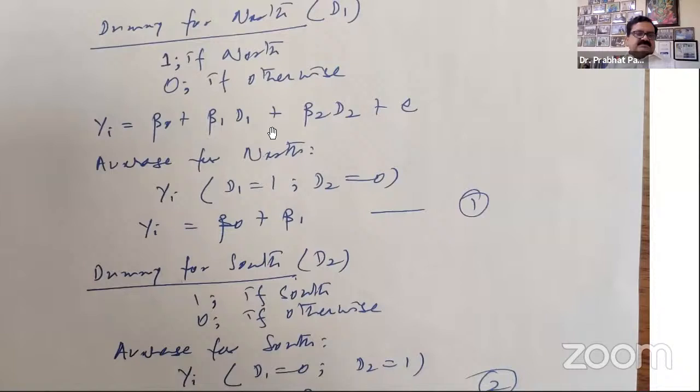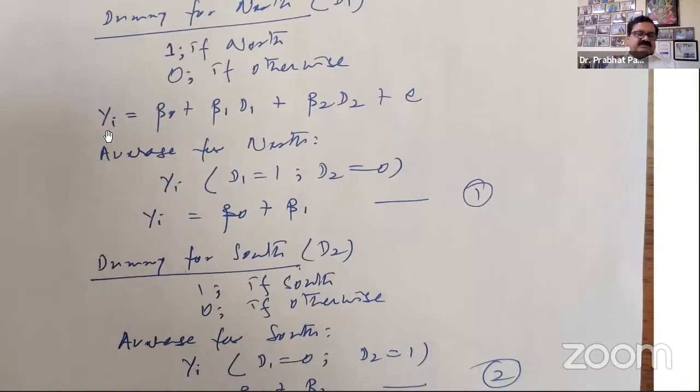And your main equation of the dummy regression is going to be like this: y is equal to beta 0 plus beta 1 dummy 1 plus beta 2 dummy 2 plus e. So this is the main equation. If I try to find out the average for the north by creating this kind of dummy, then the expected value of y for north has to be when dummy 1 is equal to 1, because we are considering the north dummy, and the second dummy D2 has to be 0.